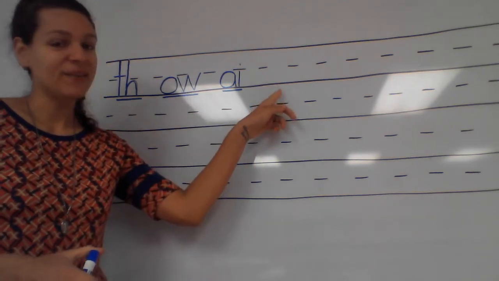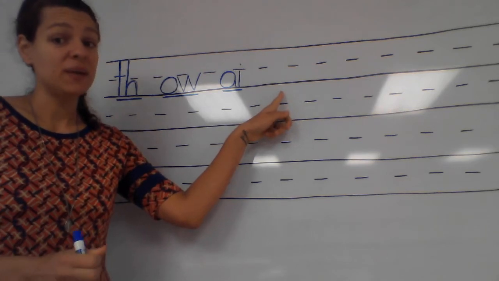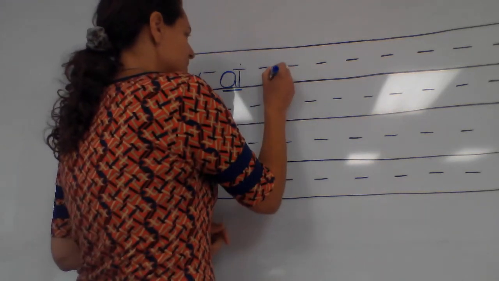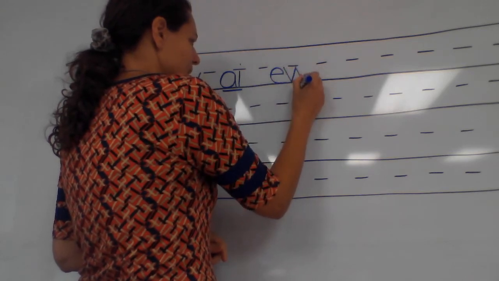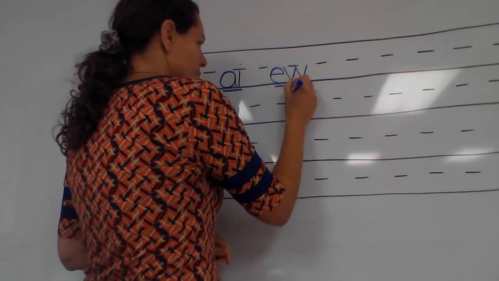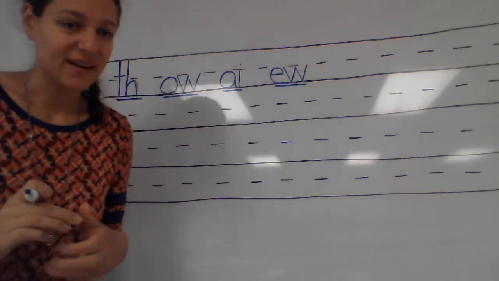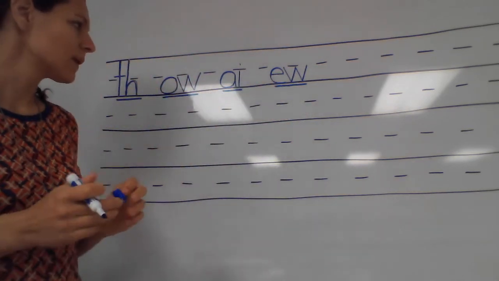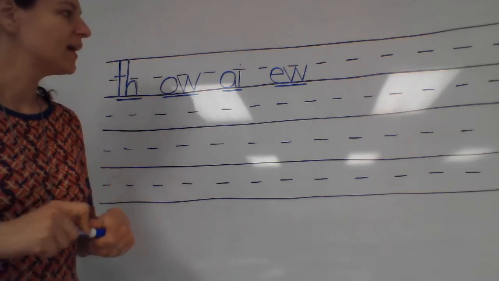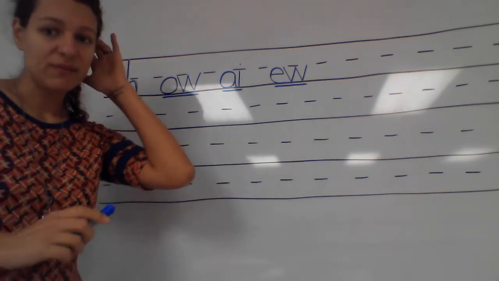All right, class, what did you write? Good. If you didn't have that, write it. Say it while you write it. These are all the ones we need for our words today.